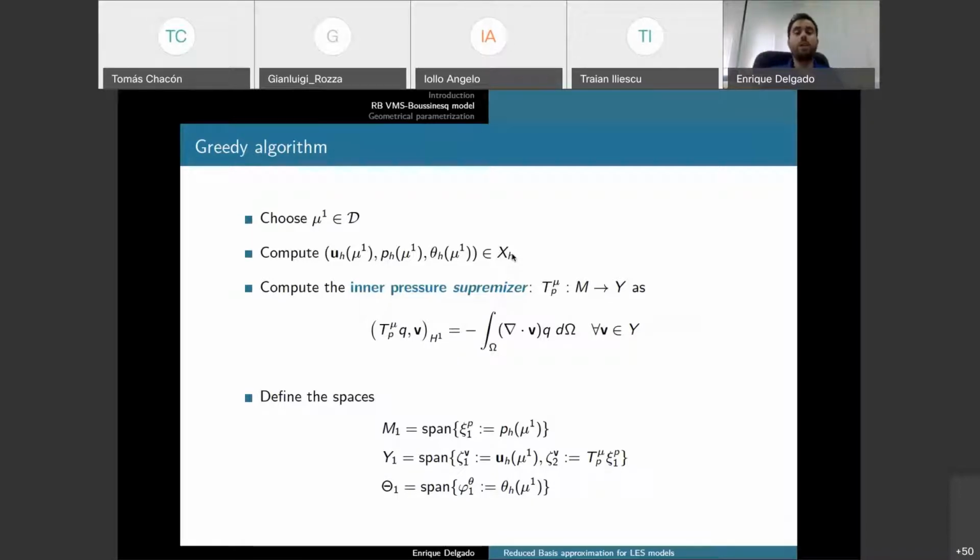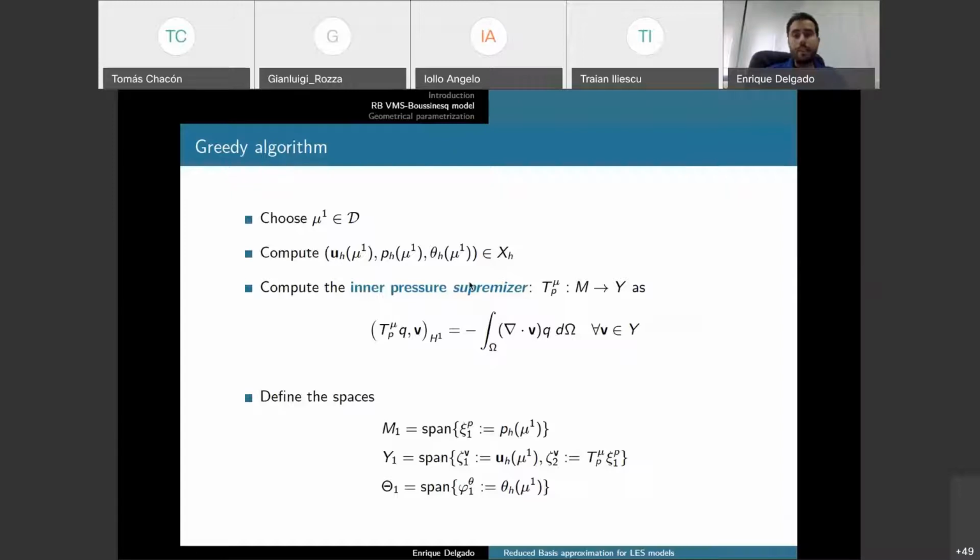So when we construct the first reduced basis spaces, we have the pressure space, just the snapshot of the first pressure for the first parameter value. We have the velocity space that is composed by the snapshot for the velocity and also the inner pressure supervisor associated to the pressure snapshot, and finally the temperature snapshot.